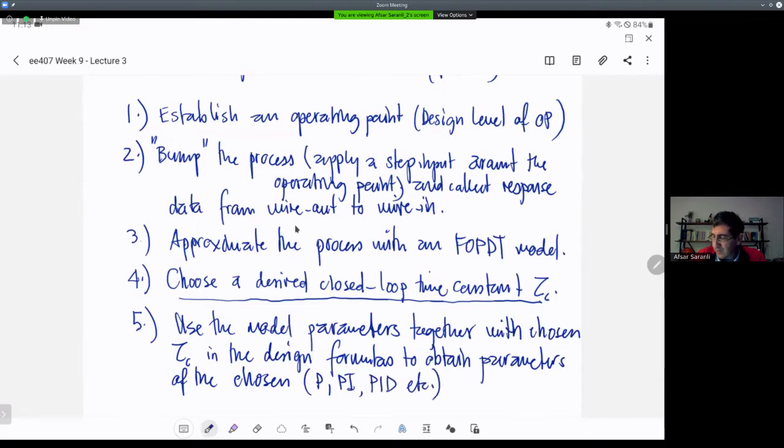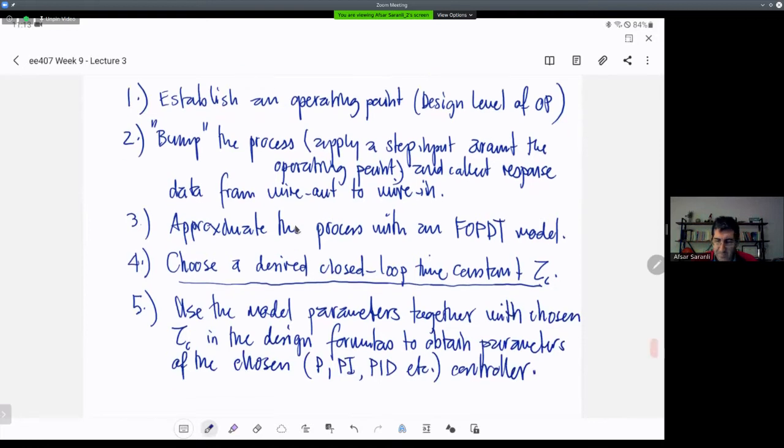So the choice of the controller is also up to you. What type of controller you want is also up to you.